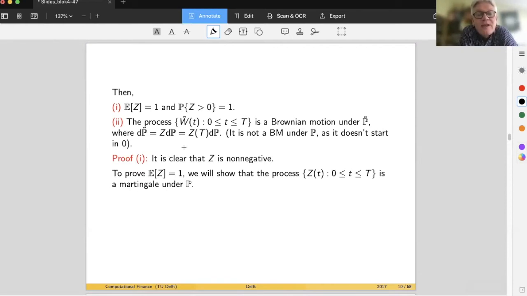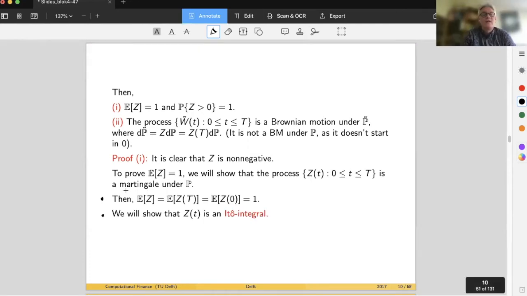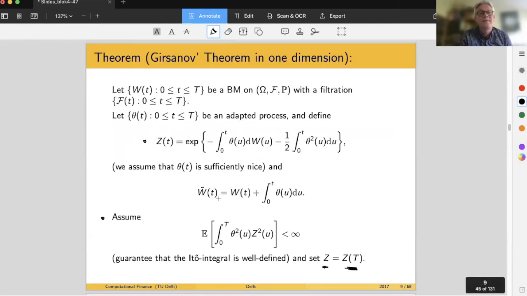And we will do that by showing that the process Z_t, with small t between 0 and capital T, is in fact a martingale under P. If we are able to show that this is a martingale under P, we know something about the expectation, right? We know that the expectation of Z is by definition the expected value of Z_T. And when it is a martingale, we know that this is equal to the expected value of Z_0. And because we are dealing with an exponential here, if we substitute 0, we end up with 1.